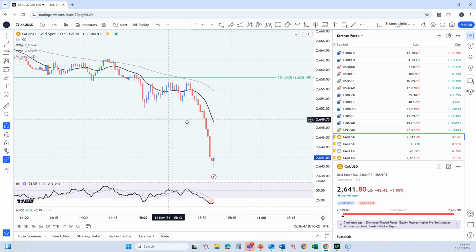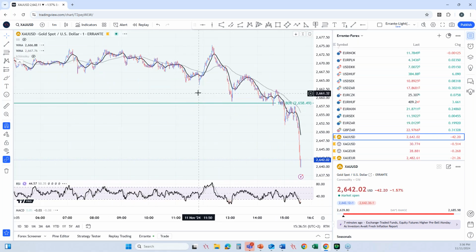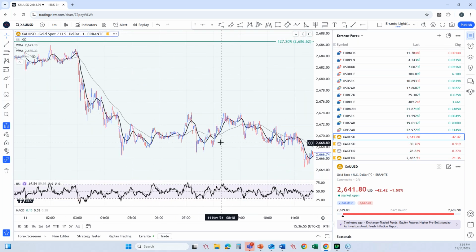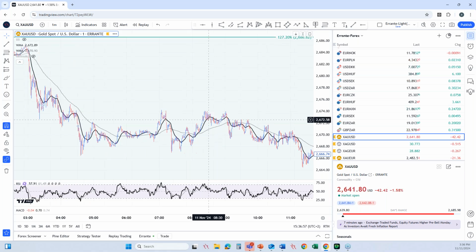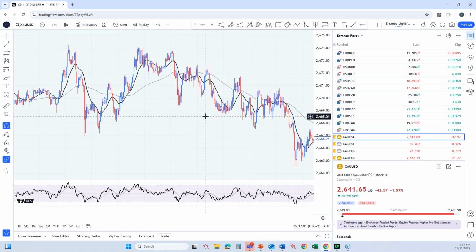And here it is. You see how gold is, for example, dropping. And if you are, for example, a scalper, hunting any reversal can be very beneficial.